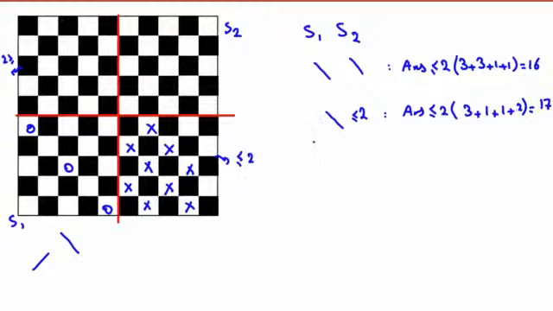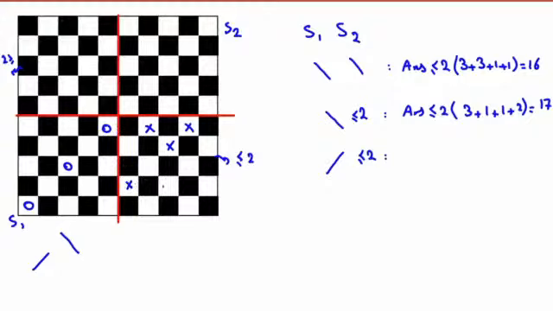Now, what are the other cases? If one of them is like this, and the other one is at most 2. So let me write: S1 is like this, and S2 is at most 2. Let's see which cells it removes. It removes this one, this one, and here it removes this one like this.